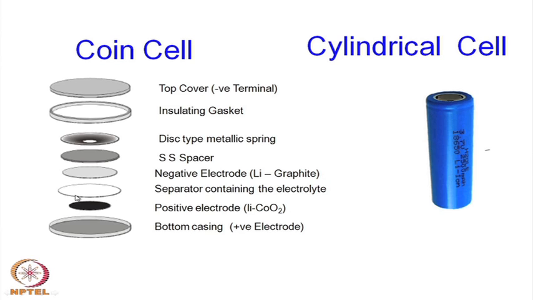All of them are rolled together in the form of a coil and put in a cylindrical shape. These are not discrete sheets, but continuous sheets which can be rolled together to form a cylinder. So that is how the cylinder is prepared.